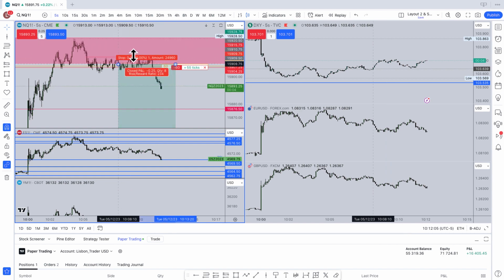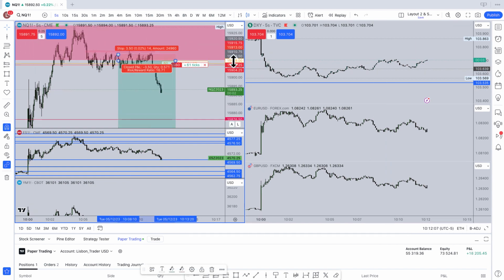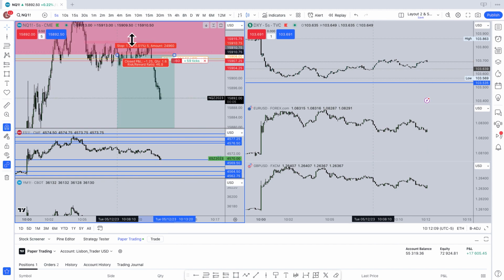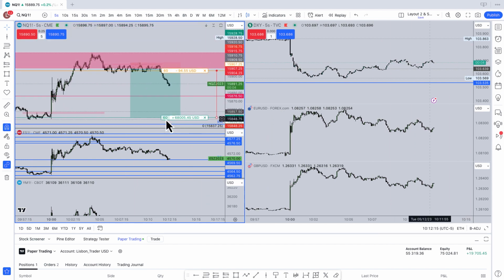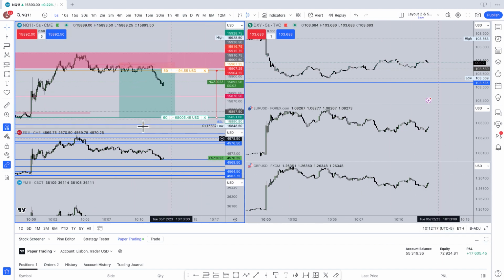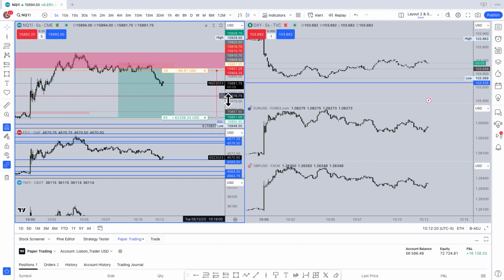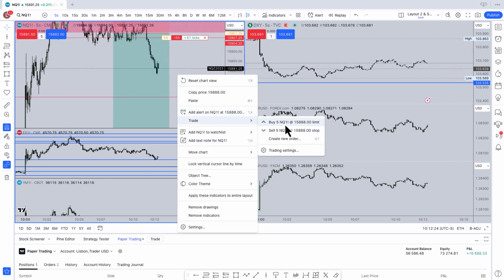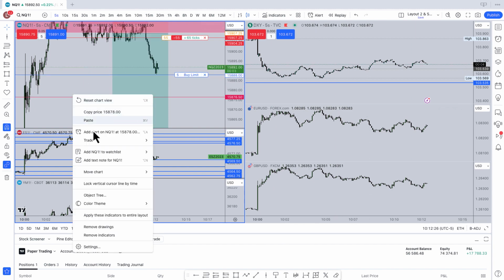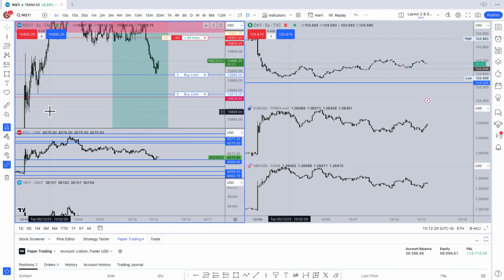So now we are risking, let's say if my stop was there, 11, 75, 73, take some profits there, there, and there.